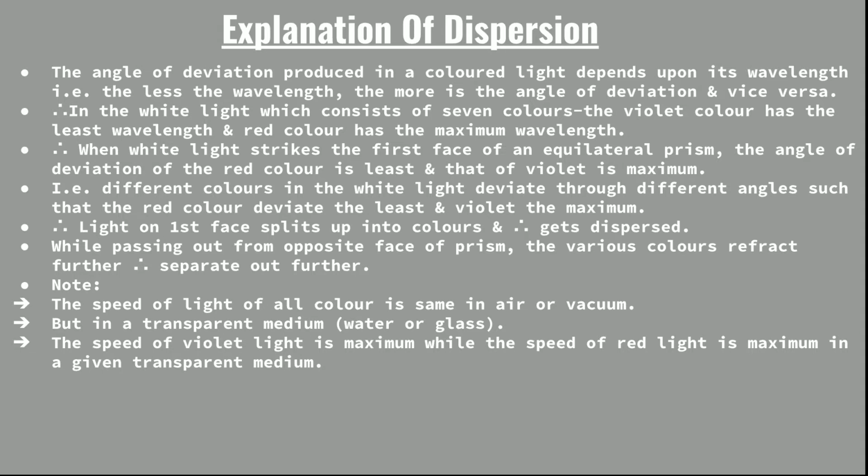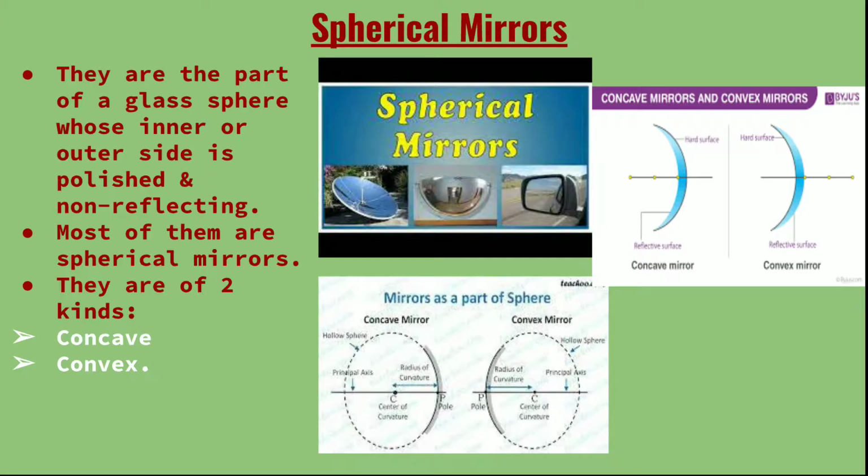But in air or vacuum, the speed of light of all colors is the same. So in a given transparent medium, two different colors of light have different speeds. We will see that the violet light has the minimum speed and red light has the maximum speed in a given transparent medium.